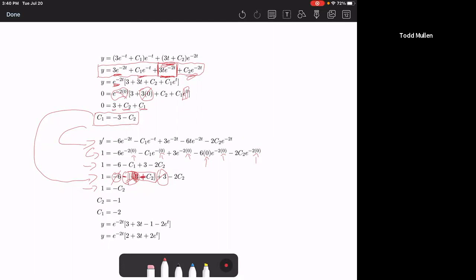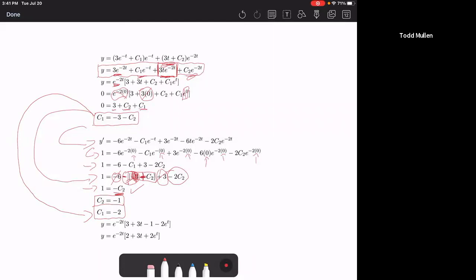So this positive c2 minus this 2c2 does make minus c2. Good. So now c2 is equal to negative 1. For c1, we bring that equation all the way down here and plug in that c2 is equal to negative 1, and we get that c1 is equal to negative 2.